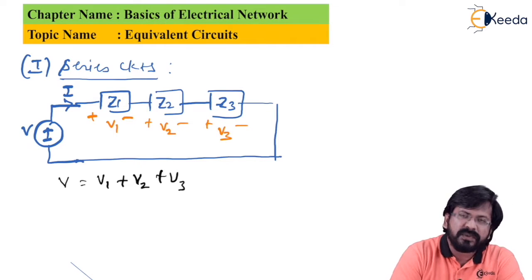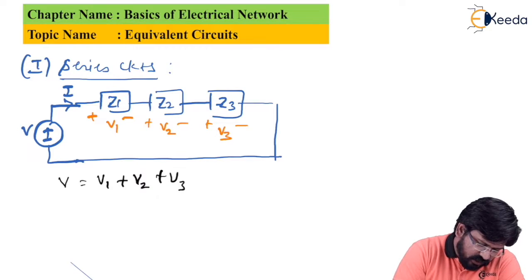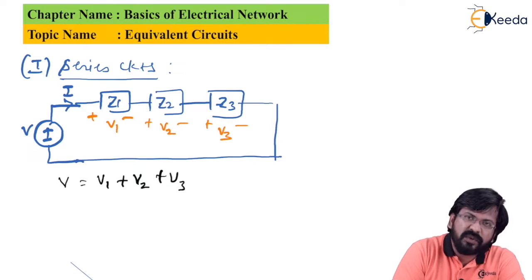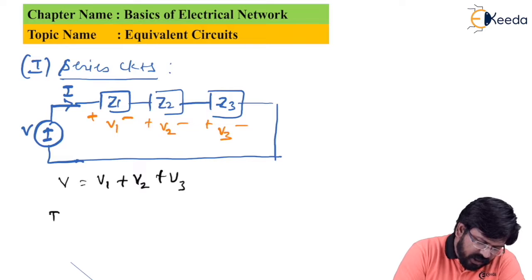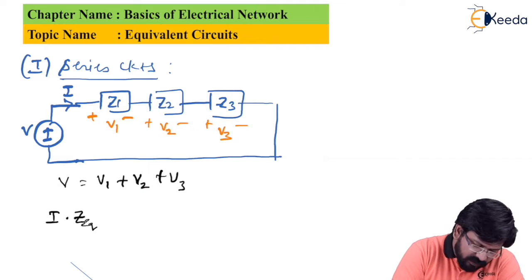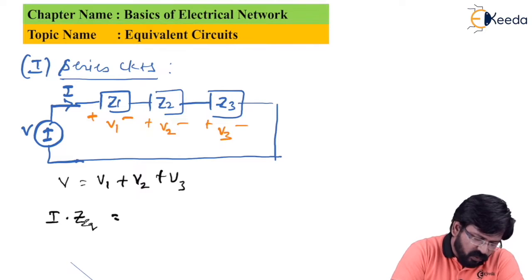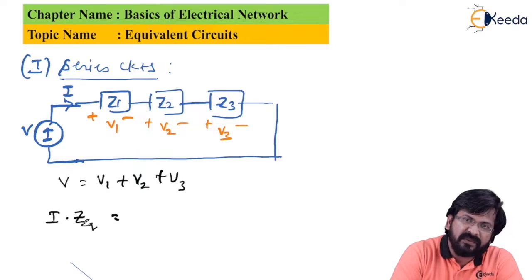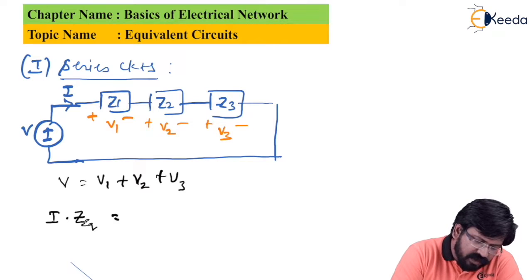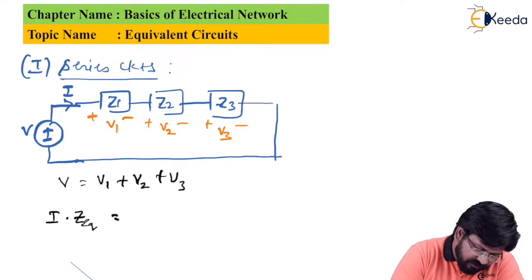We know by Ohm's law, we can write V is equal to I times Z. So since it is a total voltage V, it will be total current I multiplied by, I would say, Z equivalent, which will be equal to V1, the voltage across Z1. I can define V1 as current through Z1 multiplied by Z1 only, so I can represent V1 as I times Z1.